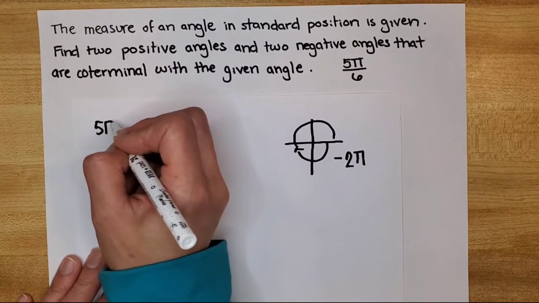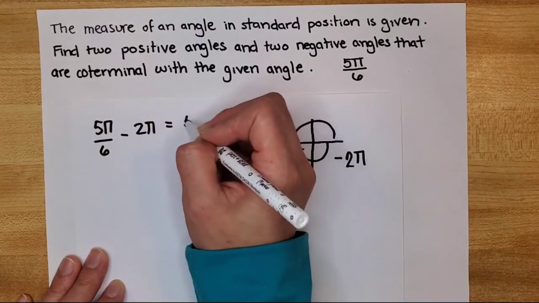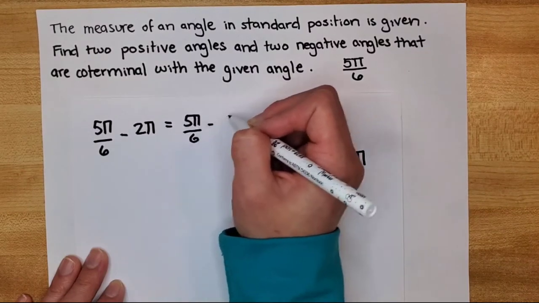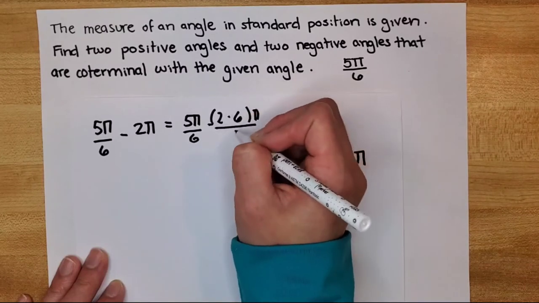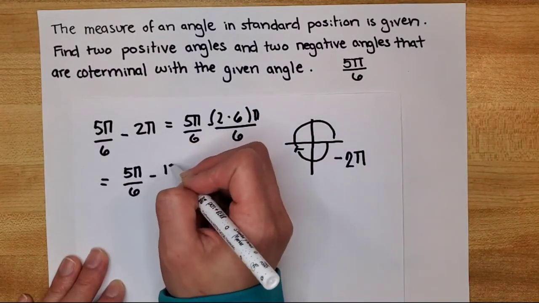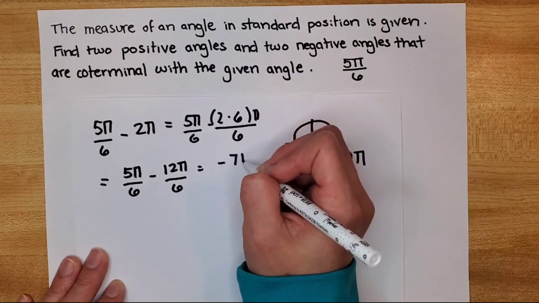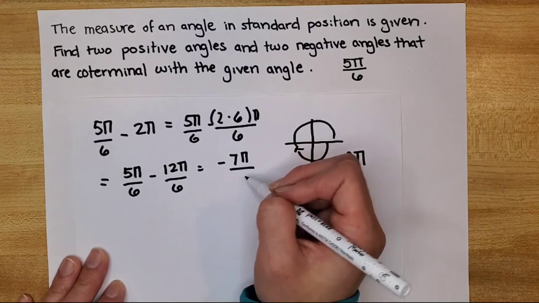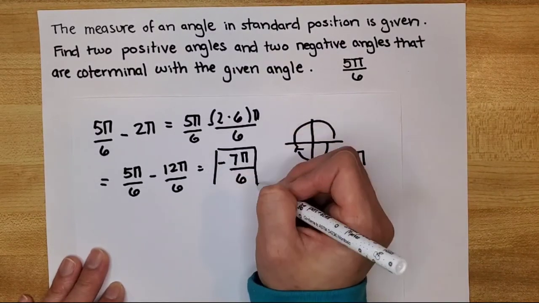So 5 pi over 6 minus 2 pi, and the similar concept of getting our common denominators here. So that is going to give us 5 pi over 6 minus 12 pi over 6. And that value for our first negative angle is going to be negative 7 pi over 6.